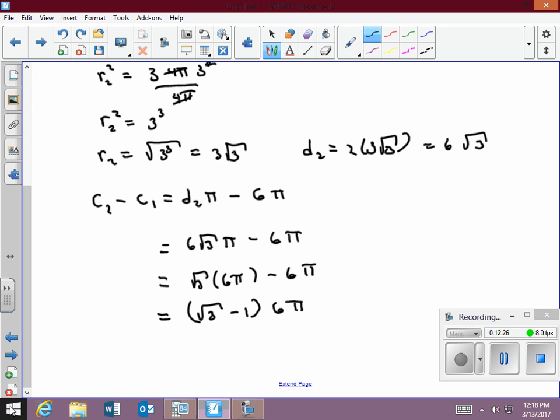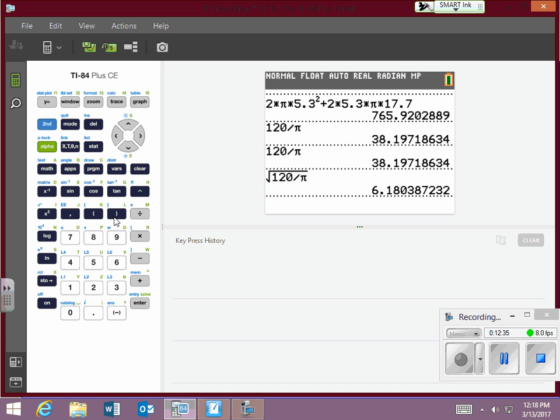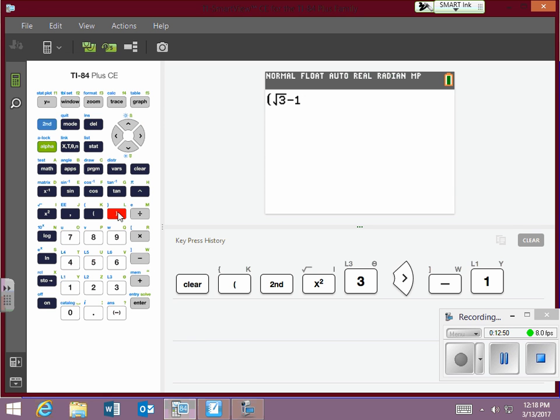I guess we can calculate that. Square root of 3 times 6 pi.